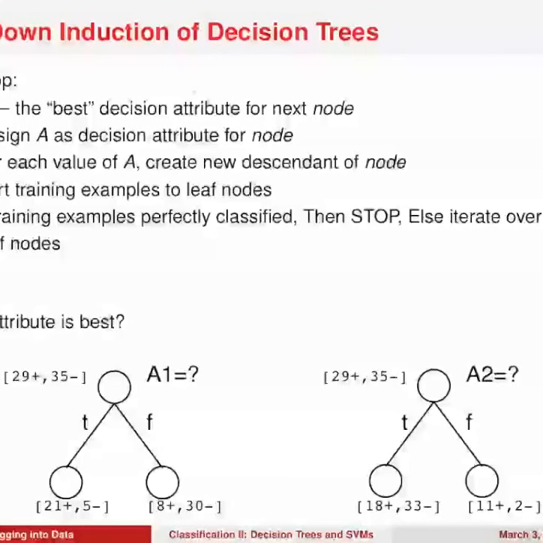What we want is a split that gives us a more coherent view of the data. In a perfect world, we would have a split where if an attribute is true, we only have one kind of label, and if it's false, we also only have one kind of label. So how can we measure this quantitatively? This is where the concept of entropy that we talked about comes in.